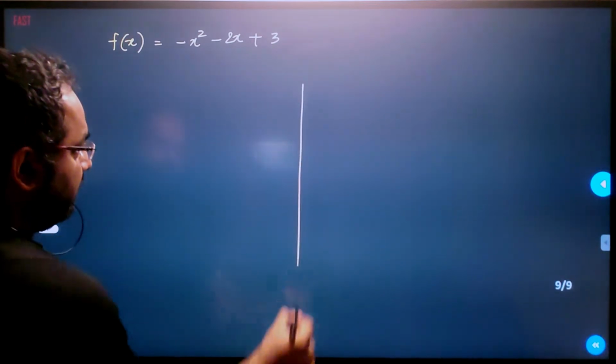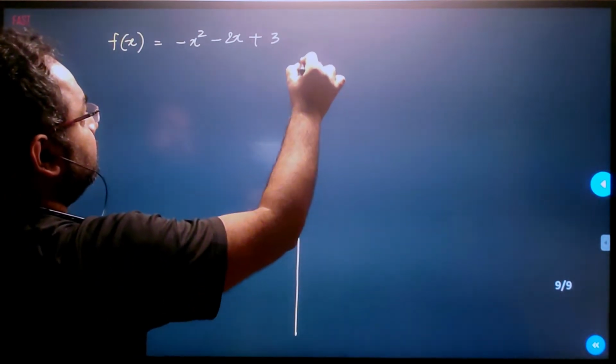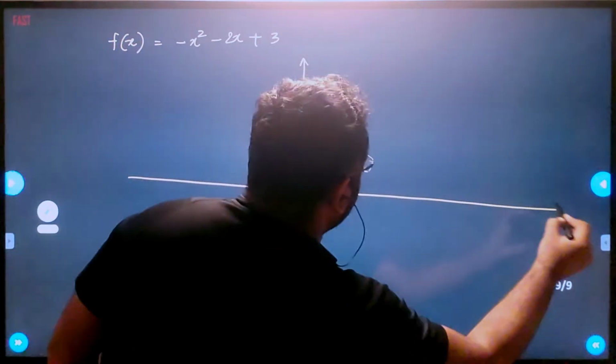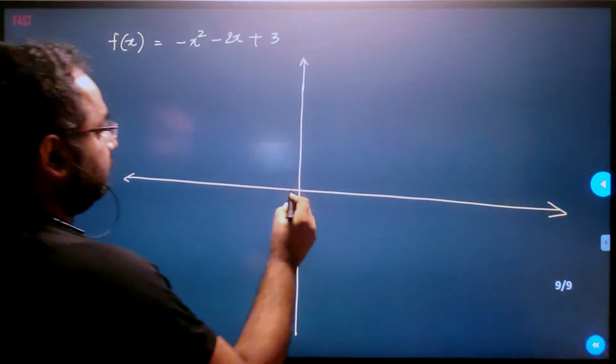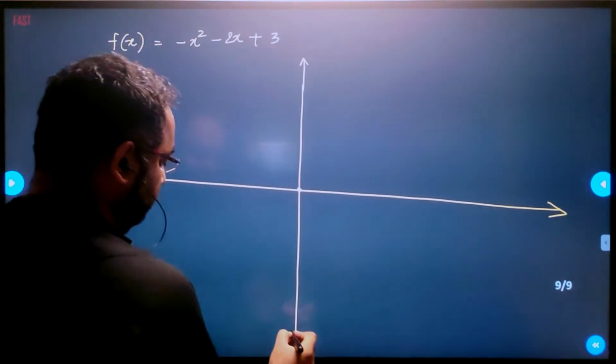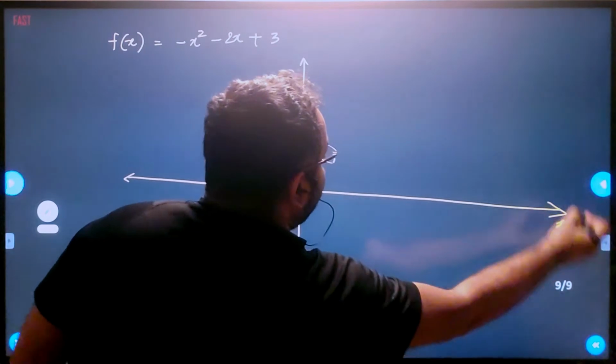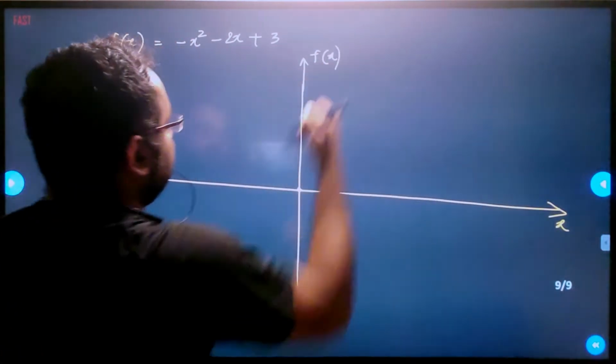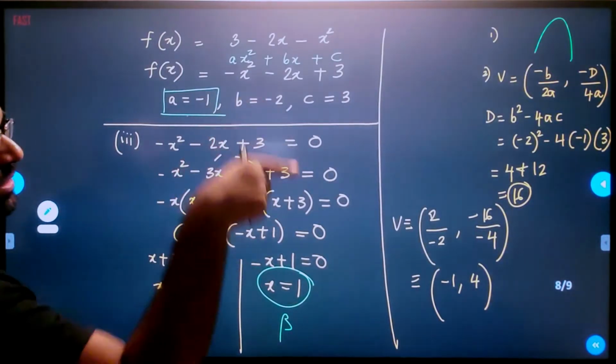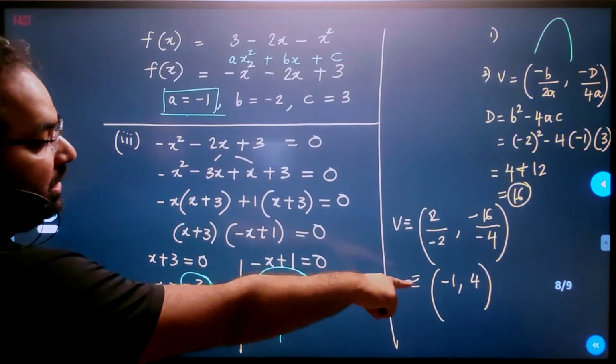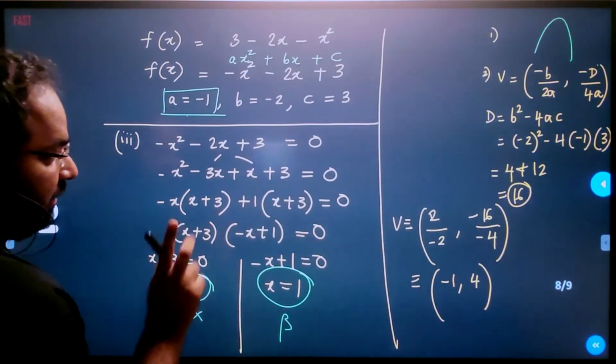Okay, now I'm plotting my graph. This is going to be x, this is going to be f of x. Now, first thing I need to know is it's downward facing. My vertex should be minus 1 comma 4, and I have 1 and minus 3 here.